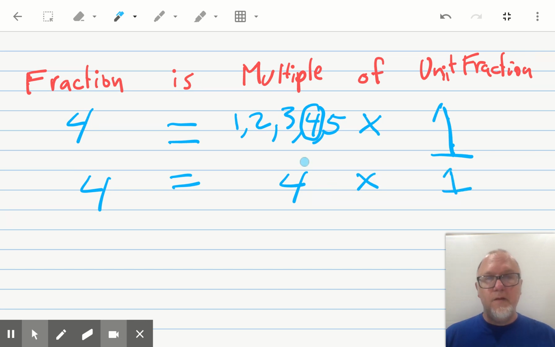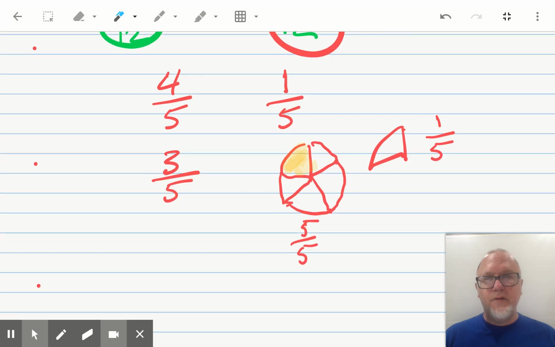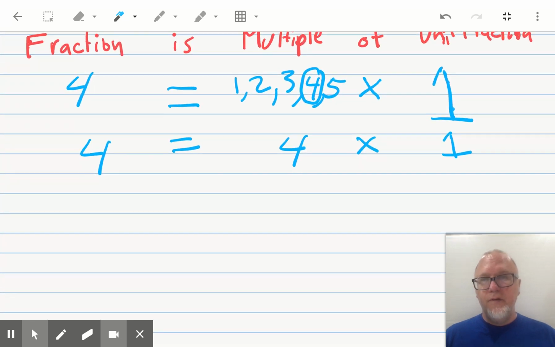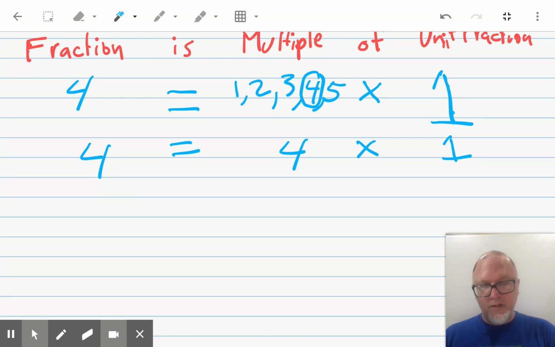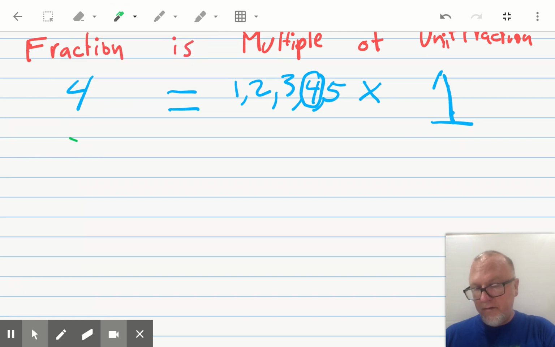Okay. So let's change this a little bit into fractions now. What was the fraction we were working with? 3/5. Right? So the fraction 3/5 is equal to, a fraction is a multiple of a unit fraction.